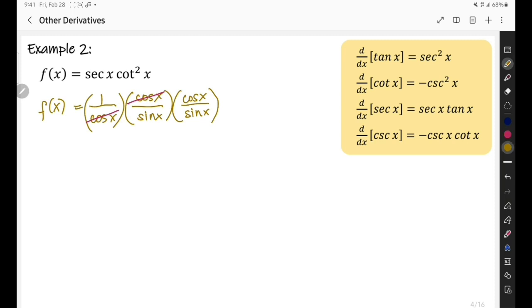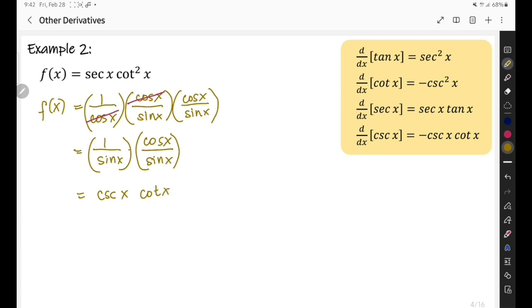So what's left is 1 over sine x times cos x over sine x. Okay, and we know that 1 over sine is cosecant, times cos over sine, which is cotangent x.